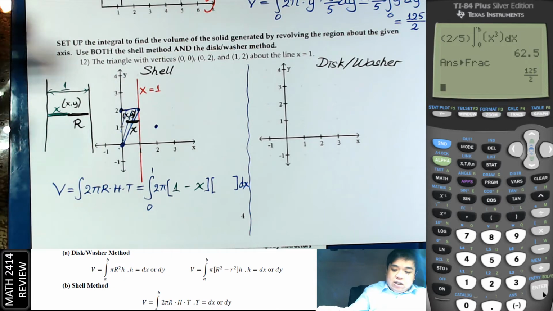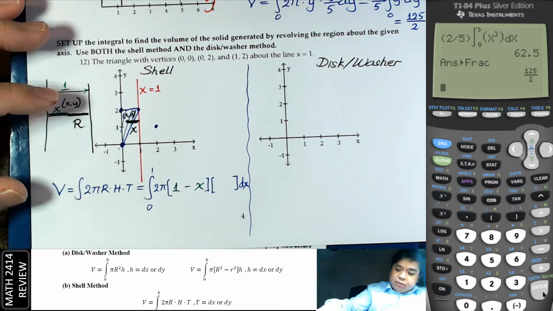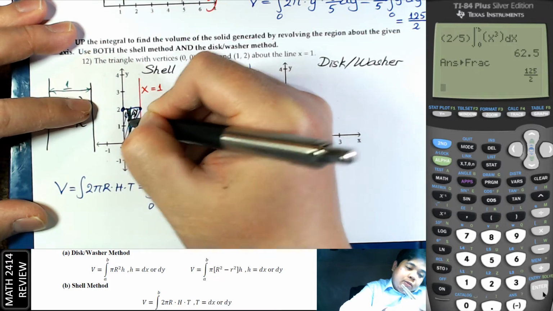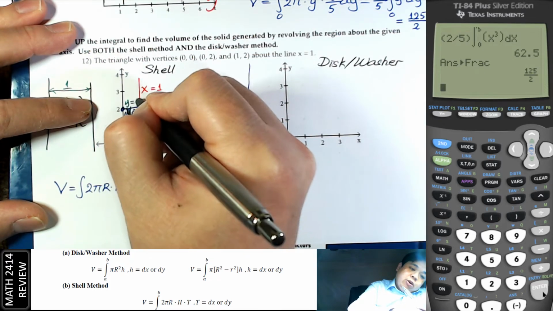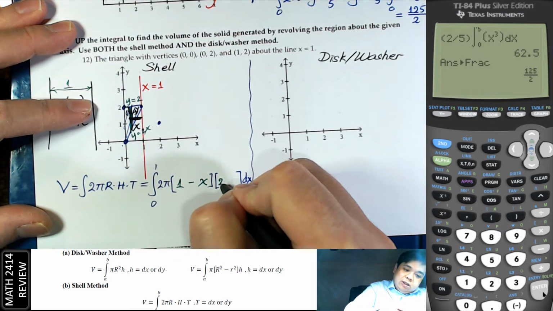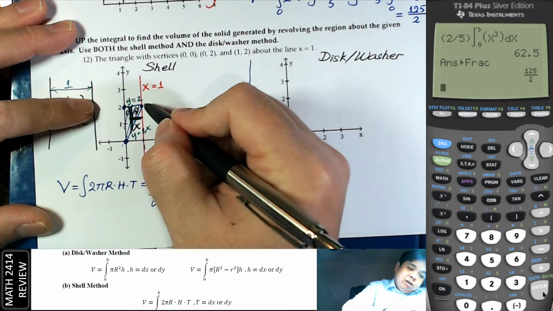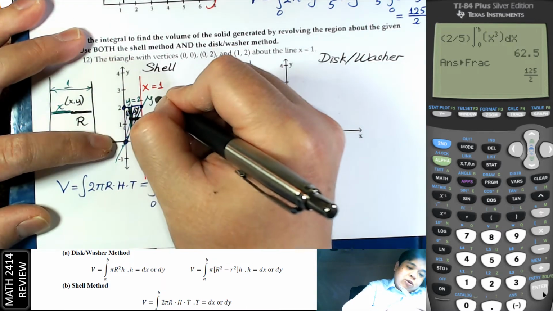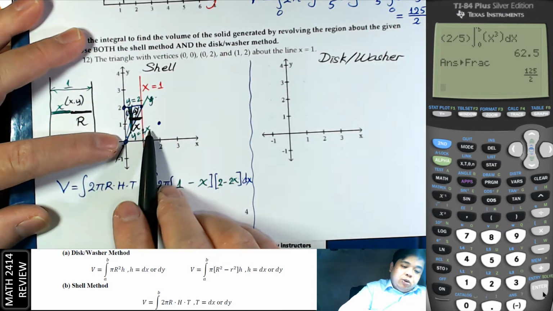And then the height is the difference of the two functions. By the way, the function on the top is y equal to 2. The bottom is y equal to 2x. When x equal to 0, y equal to 0.